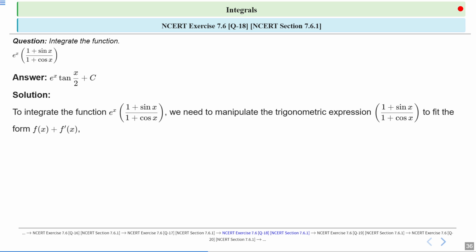We have to convert it into a form of f(x) plus f dash x. We just use the knowledge of trigonometry so that we can directly apply the direct integration formula.